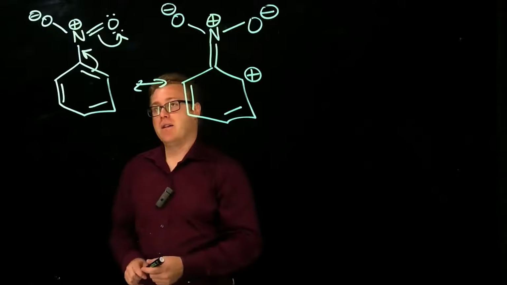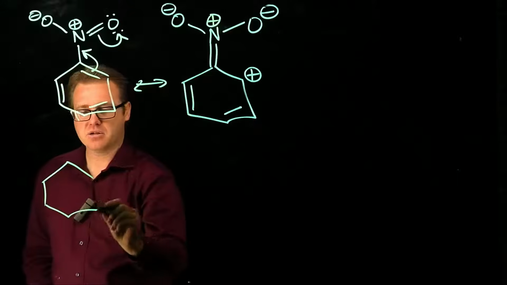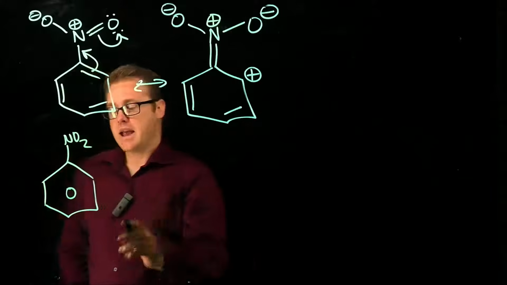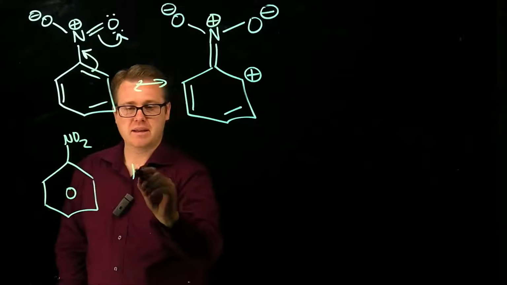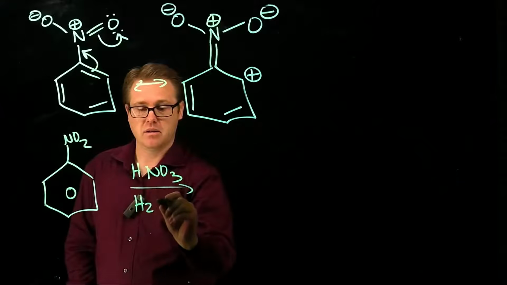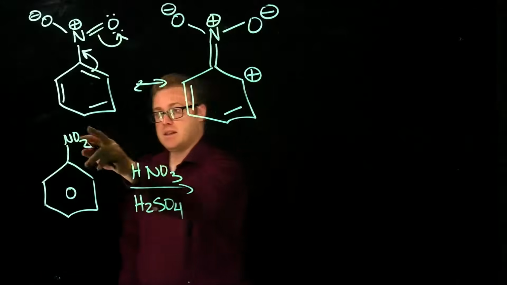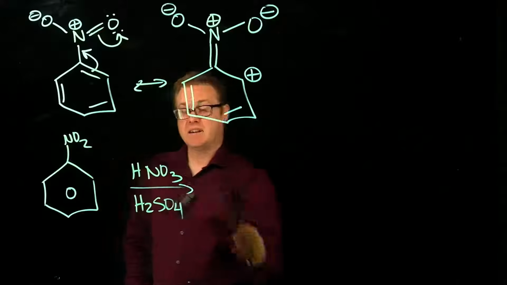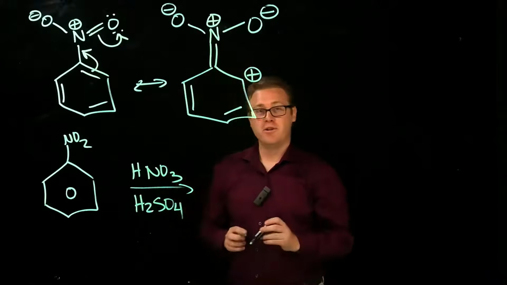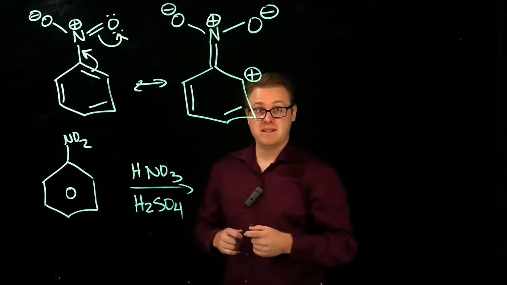Now, the effect of the nitro group is quite interesting when you look at the reaction rate. If you have a nitro group, and let's say we want to do a second nitration. This is an electron withdrawing group, so it's a deactivating group, and it makes this next reaction go 100,000 times slower compared to benzene.